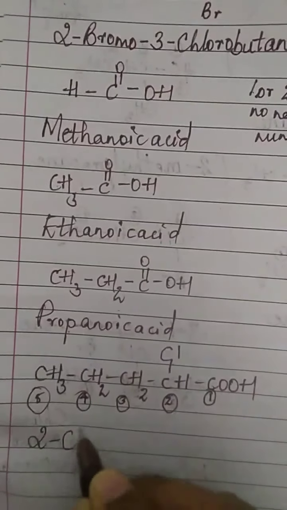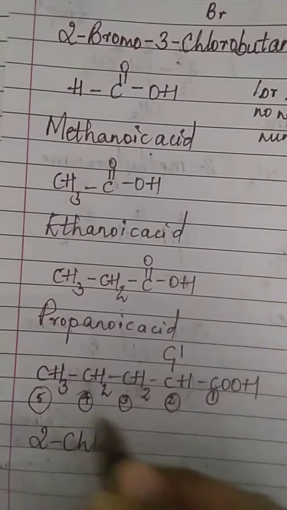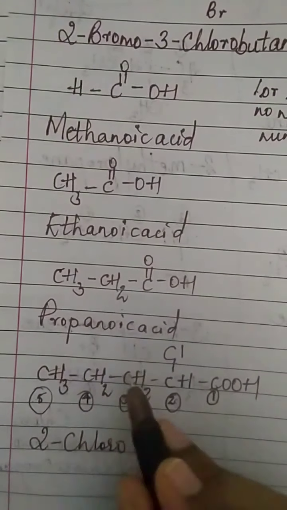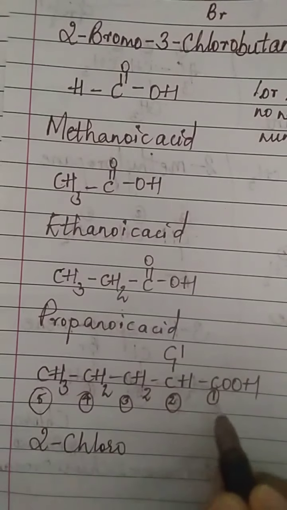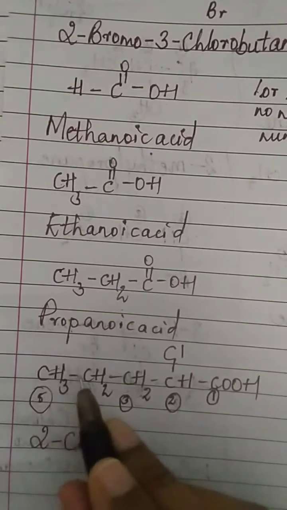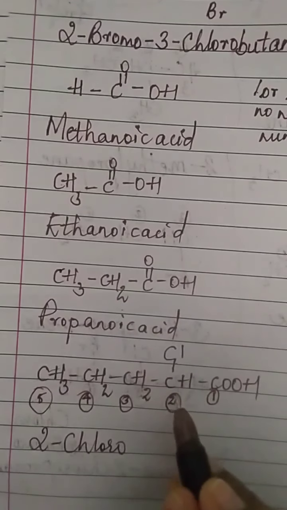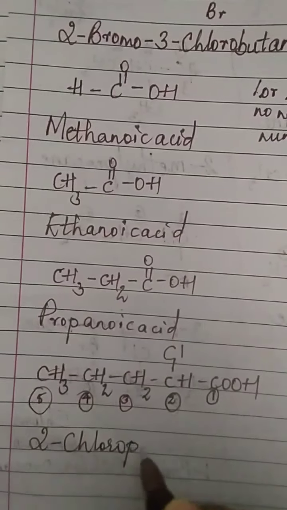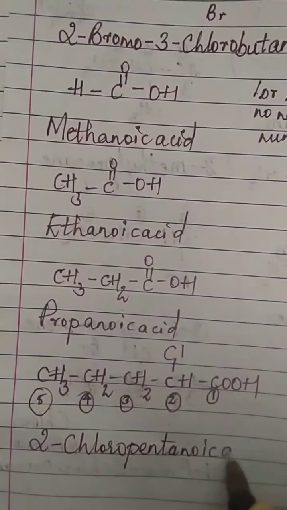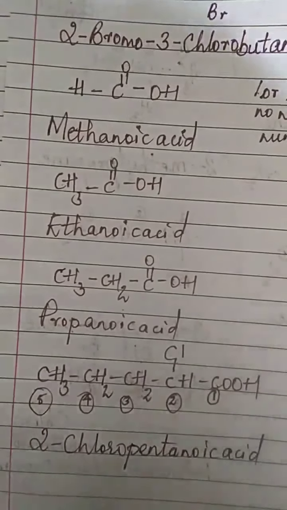So 2-chloro. Simple, no? Methane, ethane, propane, butane, pentane. First carbon, no need to specify the number. Directly write down methane, ethane, propane, butane, pentane. 2-chloropentanoic acid. Full marks.